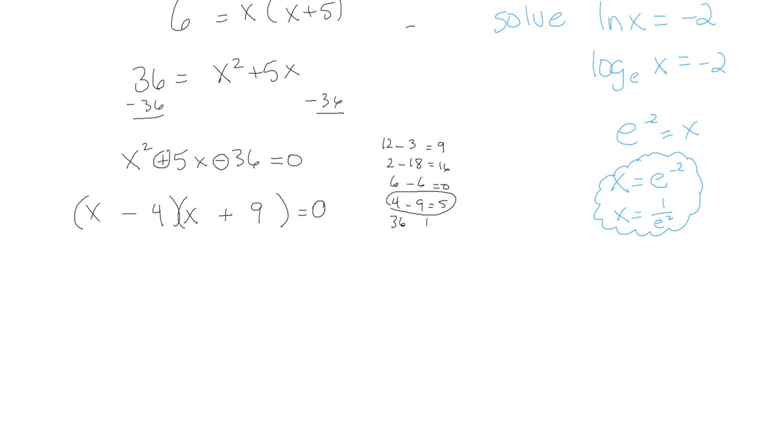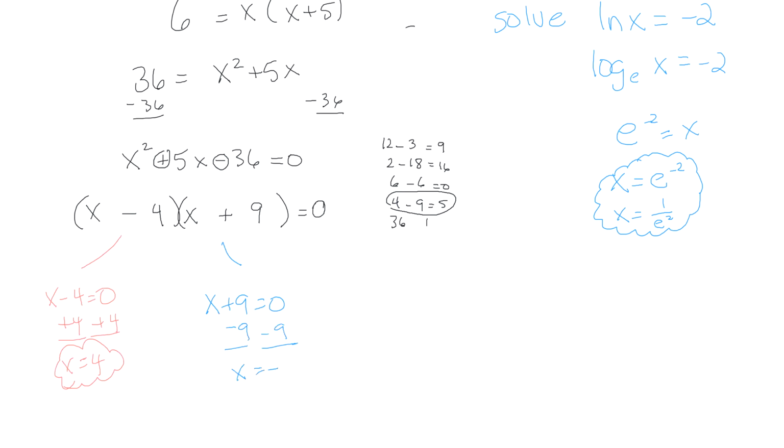Now set them equal to 0. X minus 4 equals 0. I'll set the other one equal to 0. X plus 9 equals 0.